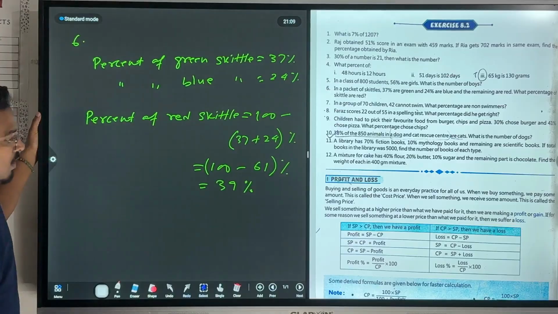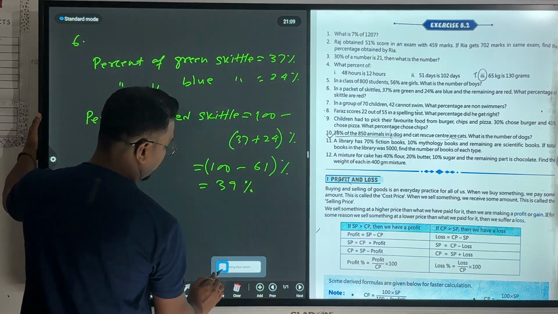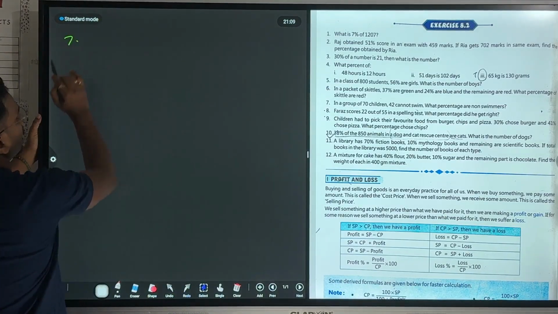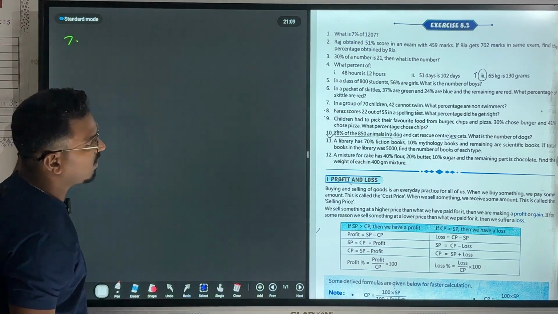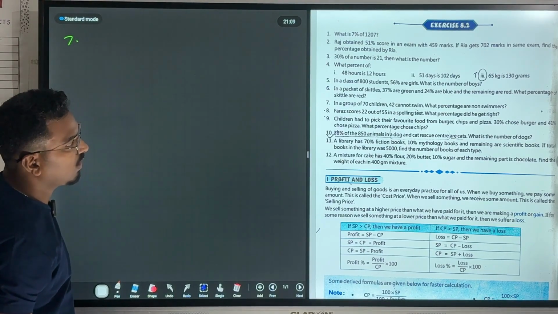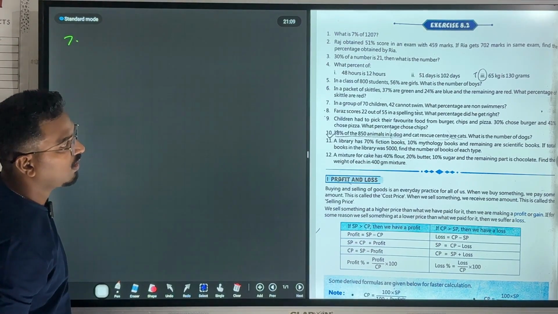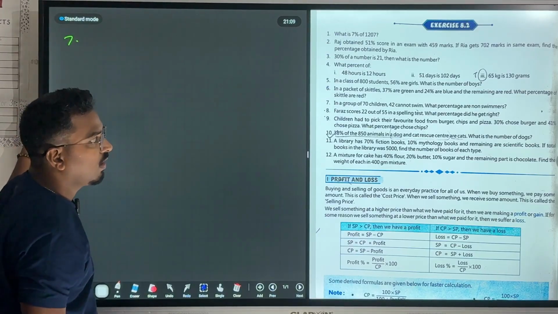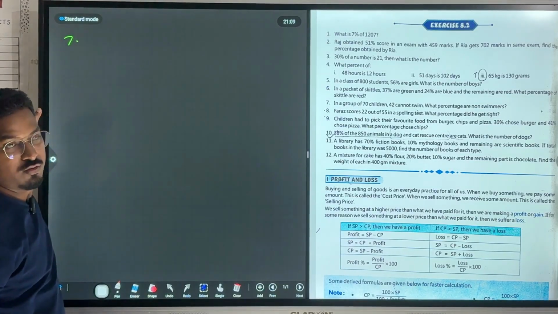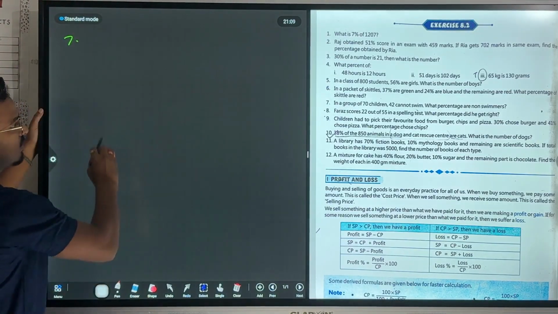Okay. Question number 7. In a group of 70 children, 42 cannot swim. What percentage are not swimmers? You have to find the percentage.